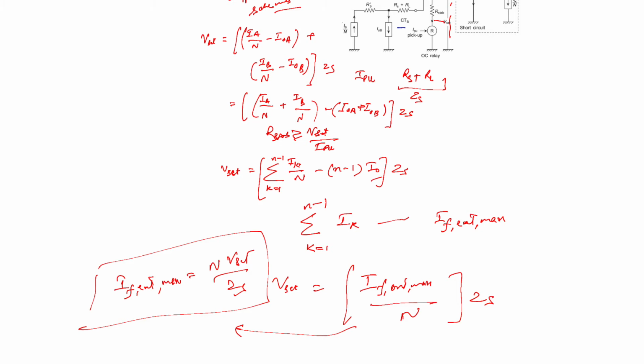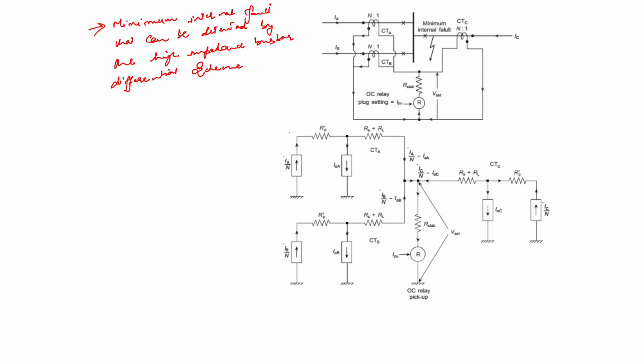Now we have to calculate the minimum internal fault that can be detected by the high impedance busbar differential scheme. It is worthwhile to investigate the minimum internal fault current that can be detected by the high impedance busbar differential scheme.